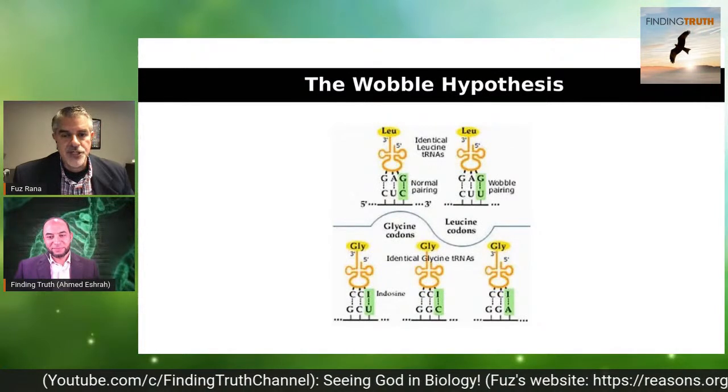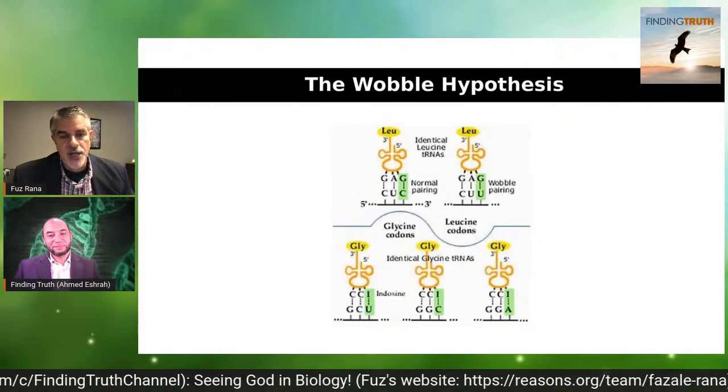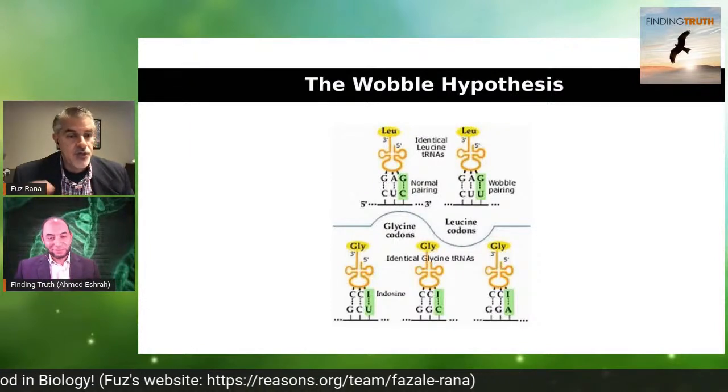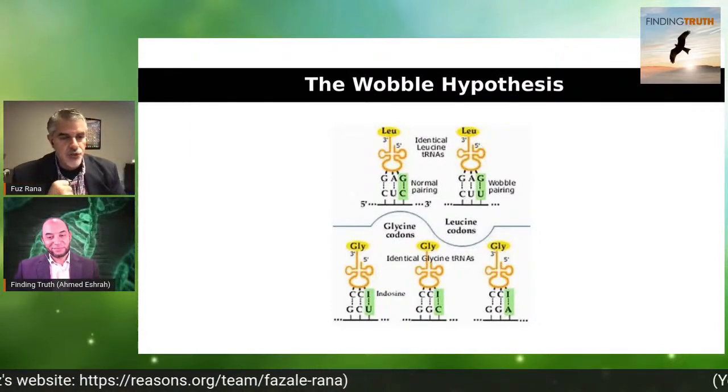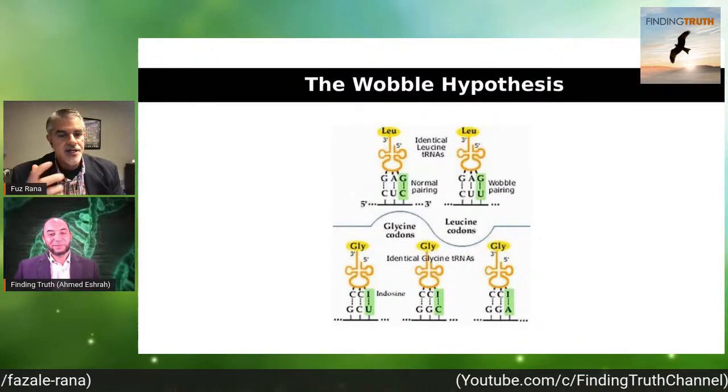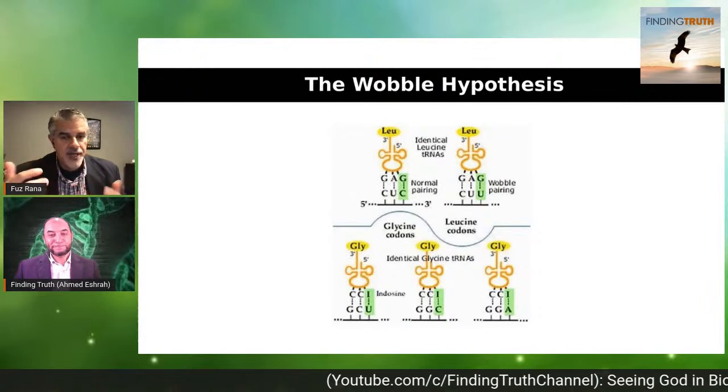In the wobble position, that GAG would also recognize CUU, where you would still have enough positional force with those two positions to get the right amino acid there. So that wobble base creates some slop.